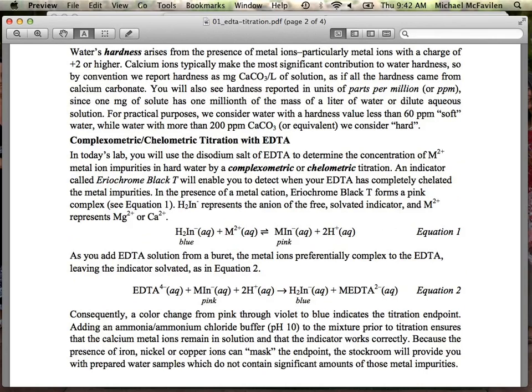How much EDTA is required to remove a single molecule of metal, or a single atom of metal? If I add one molecule of EDTA, how many atoms of metal will react with it? What did you say? One. How do you know it's one?